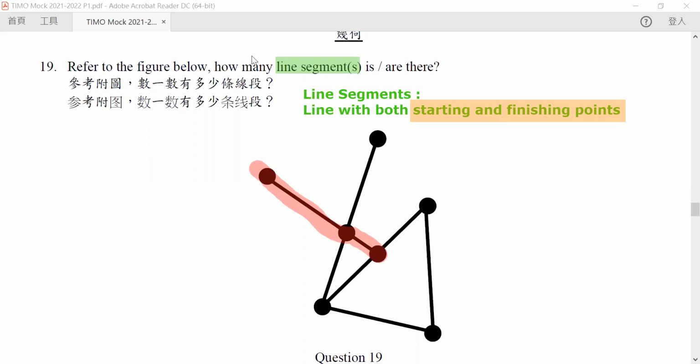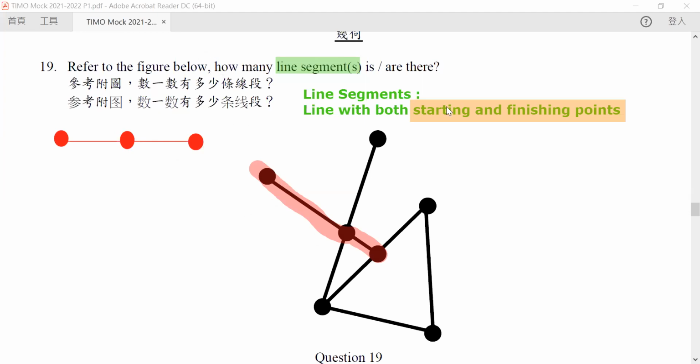Three. Yes, three. Because if we draw it out like this, this line segment is exactly the same as the one on our left, or the one on our right is exactly the same as the one on our left.